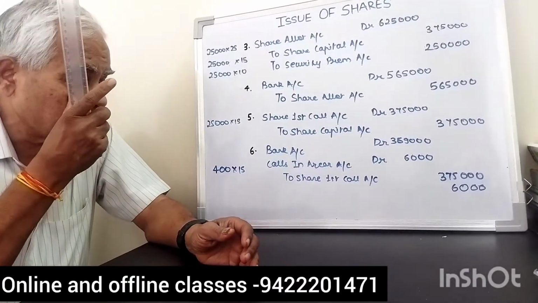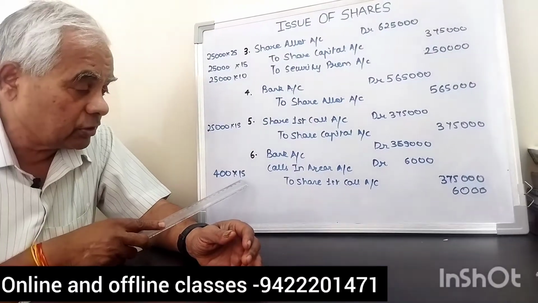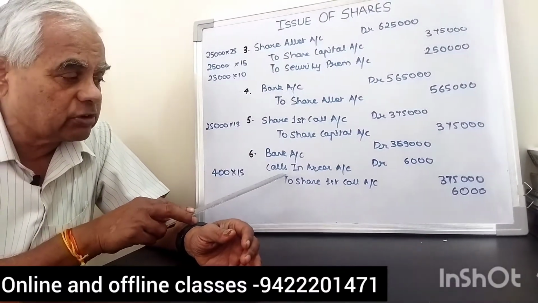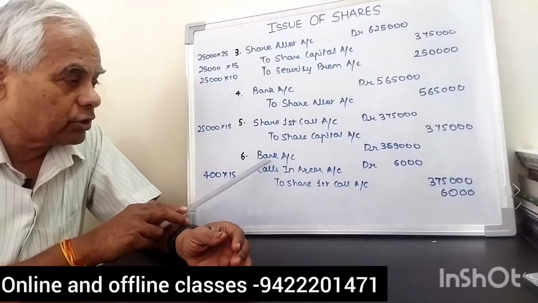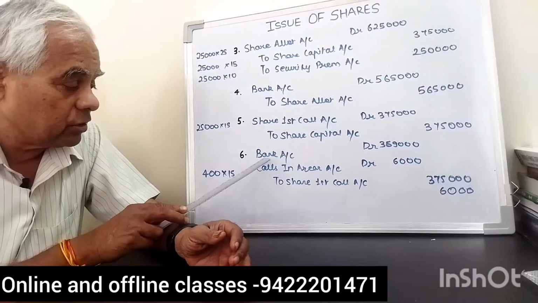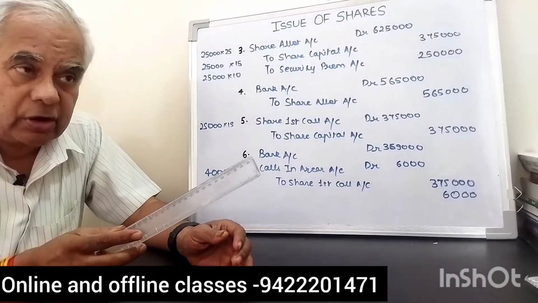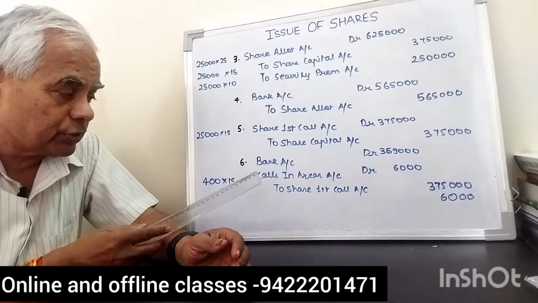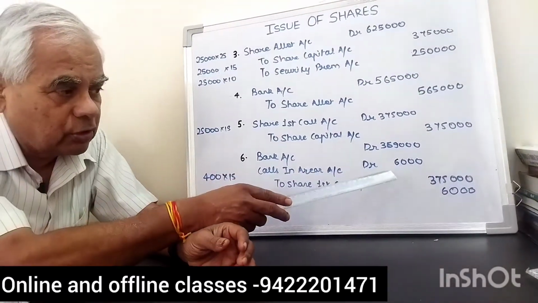And in this problem, Mr. X holding 400 shares could not pay the first and final call amount, rupees 15. Entry like this: bank account debit, calls in arrear account debit, to share first and final call account. Bank account debit balancing figure. Remember that total number of shares 25,000 minus 400 means 24,600 shares into 15, and calls in arrear 400 into 15, 6,000.